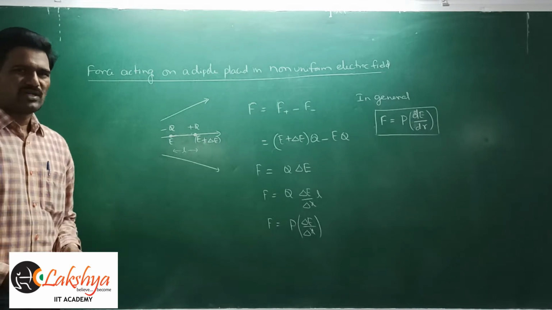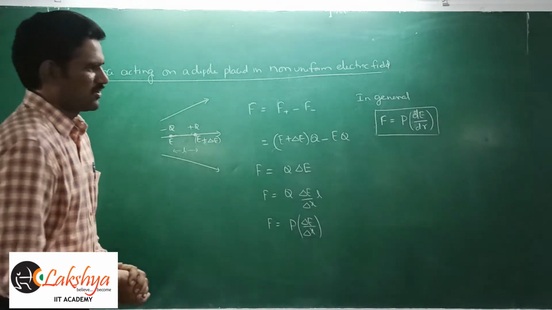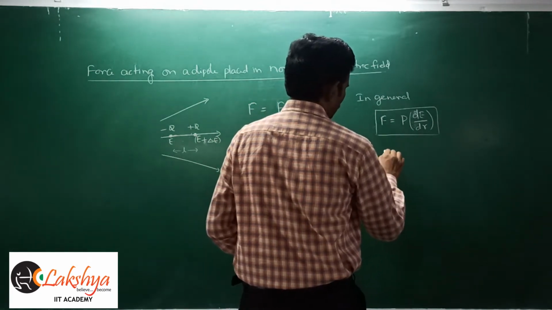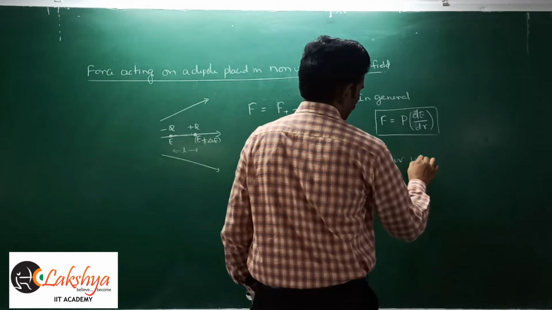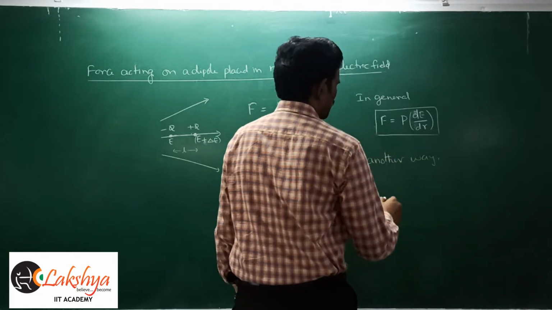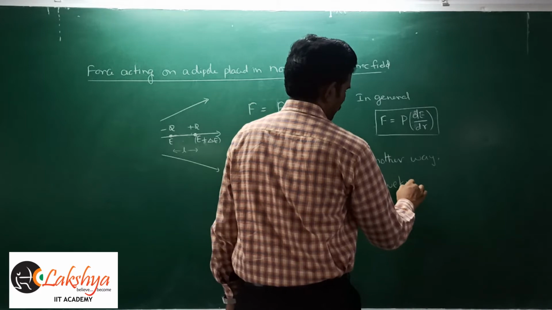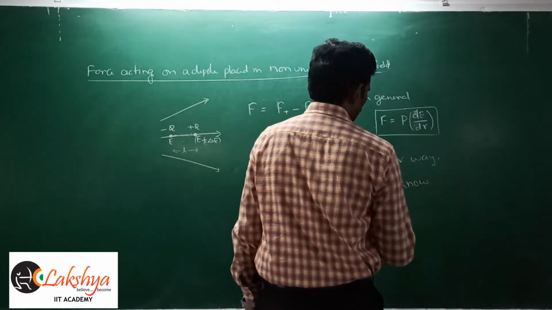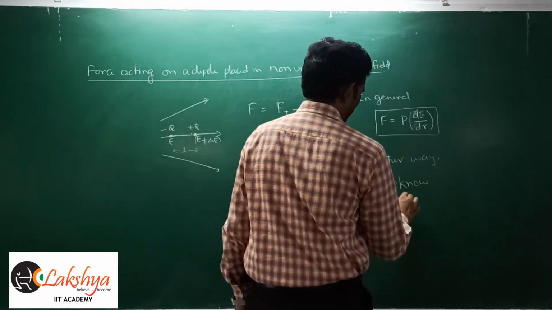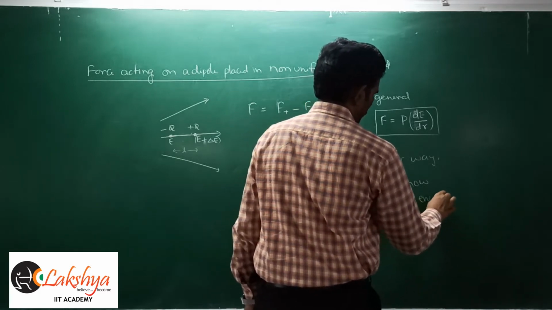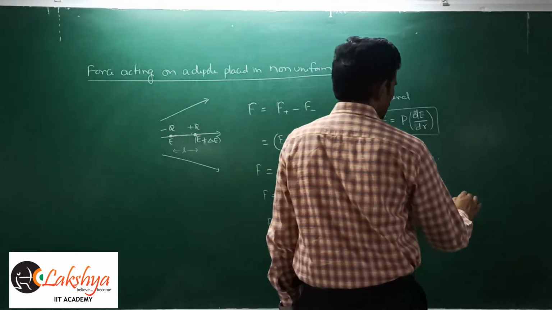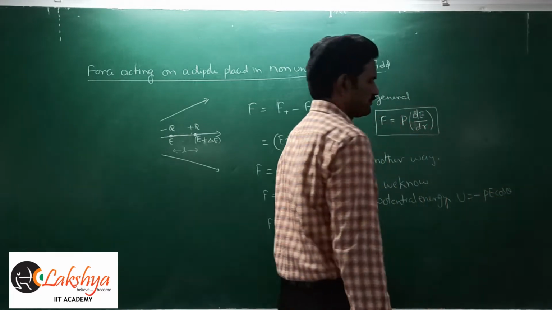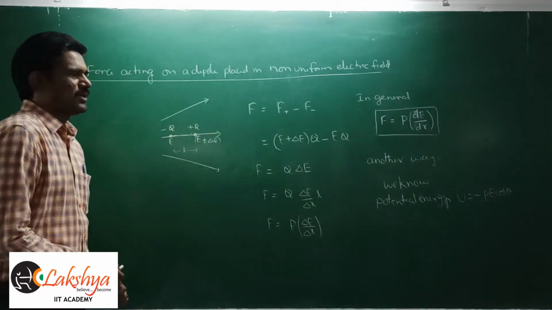Actually, instead of this you can also write it another way. So another way of expressing this, we know already the potential energy we can write as U equals minus P E cos theta.